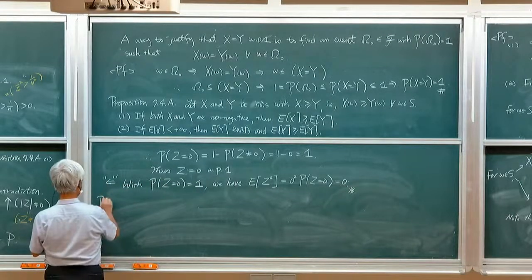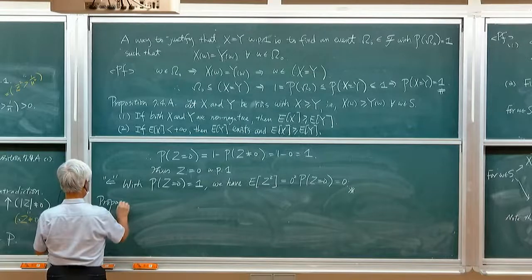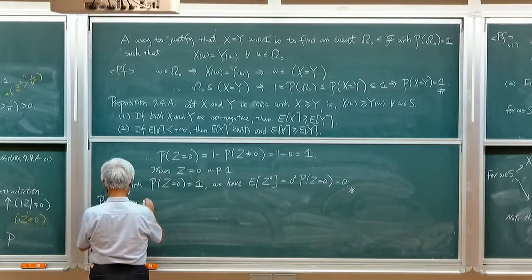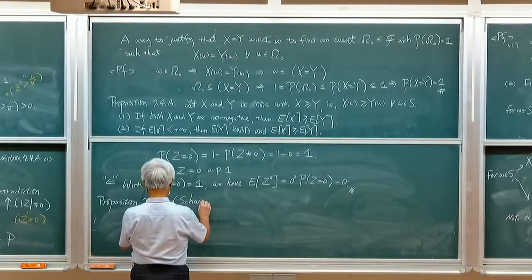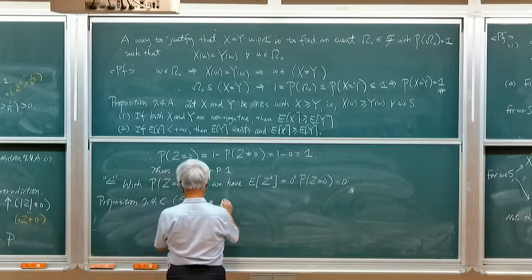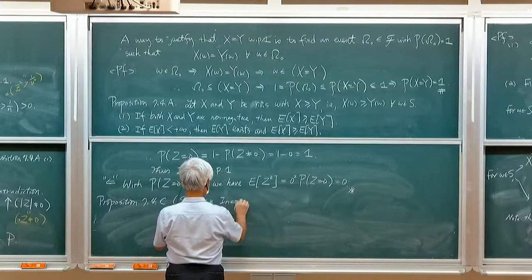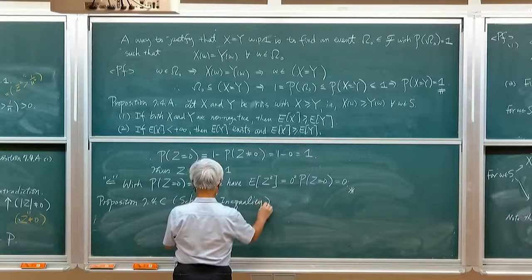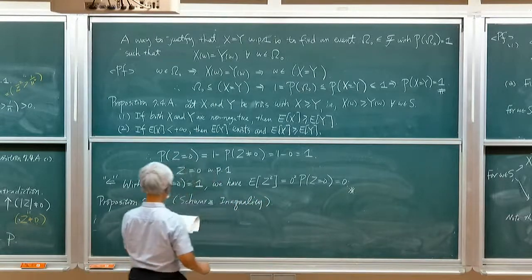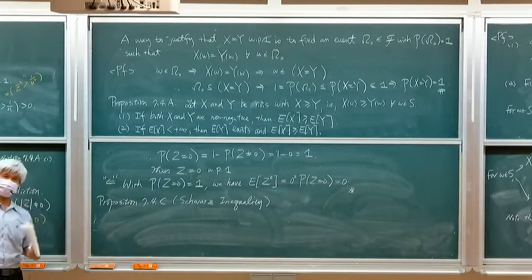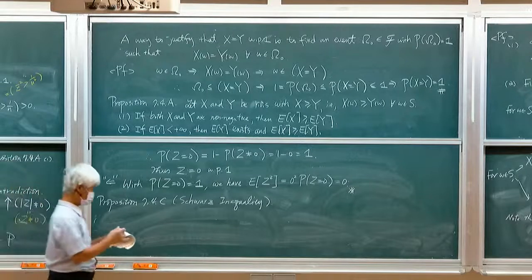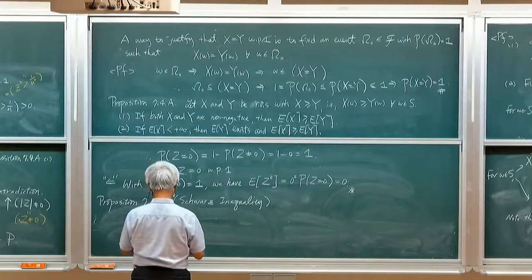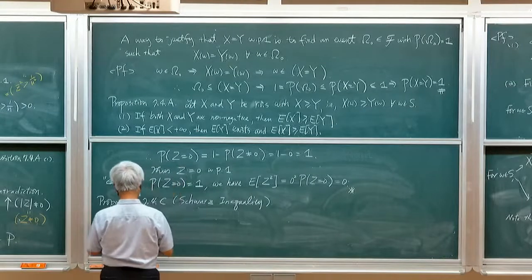Okay, and so now we will prove an important result called the Schwarz inequality. Okay. We proved the Schwarz inequality for simple random variables before, and we will take the same strategy to show the general result.